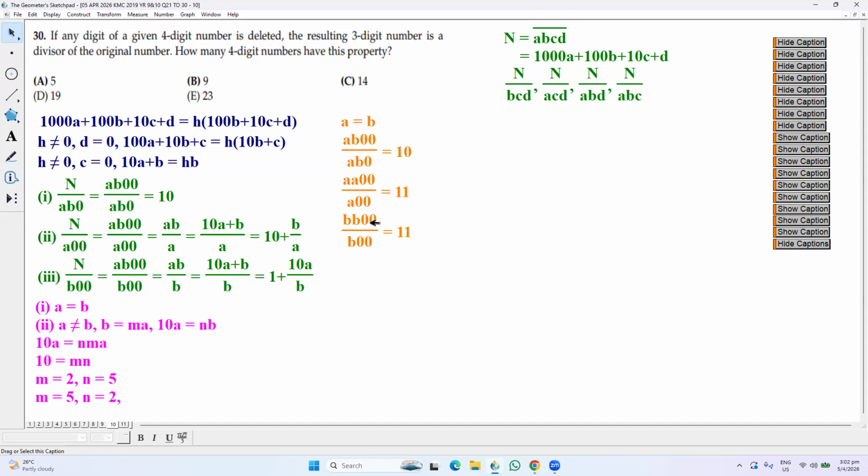If you write BB0 and delete the A, then you get 11. So if you delete A, you get 11. If you delete B, you also get 11. If we delete the 0, we get 10. If you delete A or B, it will always be 11.